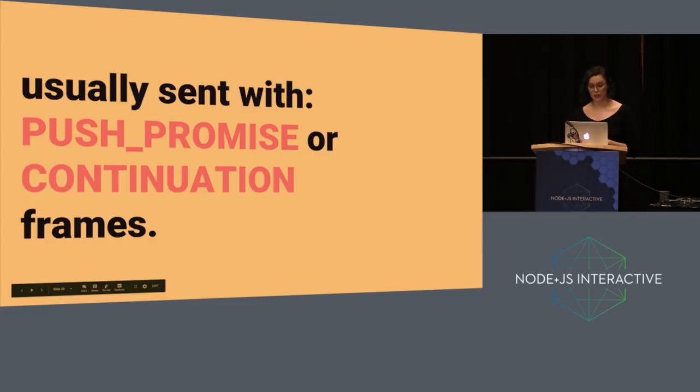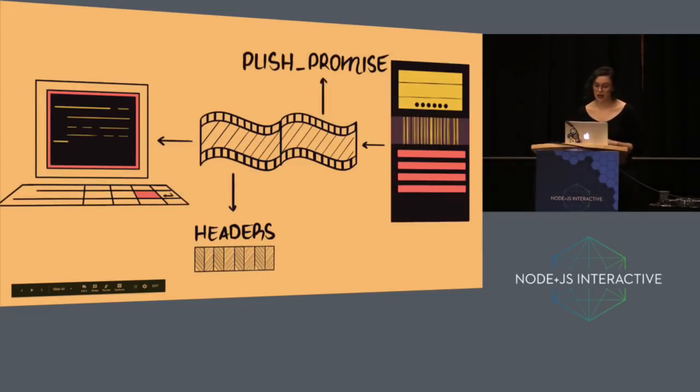So these two endpoints send each other data. Another interesting thing is that HTTP2 likes to reuse the headers it has already communicated from one endpoint to another.